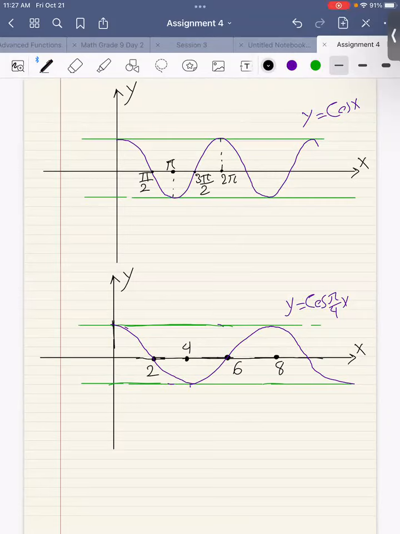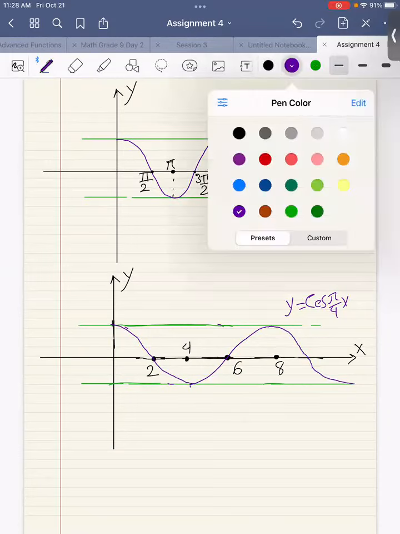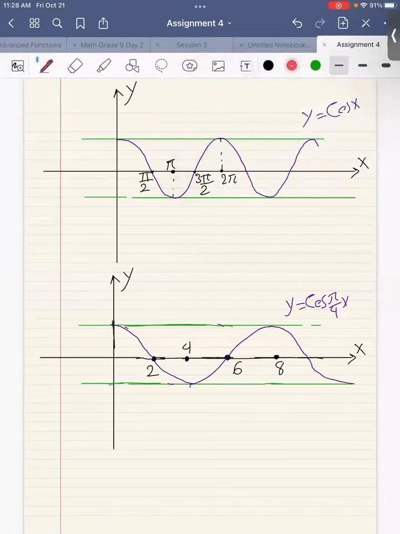And then when you multiply by a negative sign, you just flip the graph like this. You see the red line. So the red line is y equal to minus cosine of pi over 4 times x.